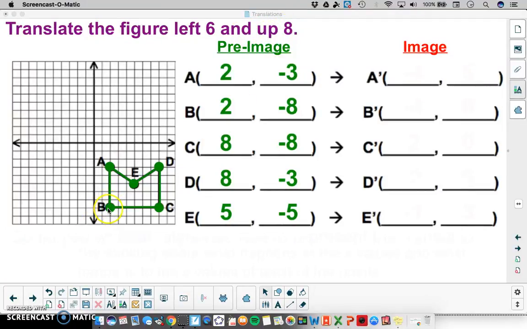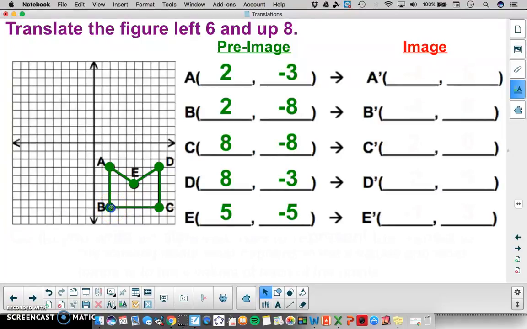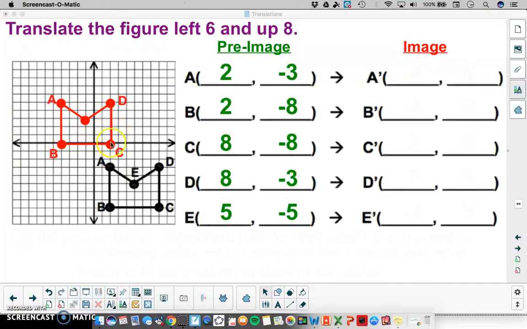Notice how these points move as I translate this figure. So 1, 2, 3, 4, 5, 6 to the left. Now up 1, 2, 3, 4, 5, 6, 7, 8. So now we can see where that image is going to end up.